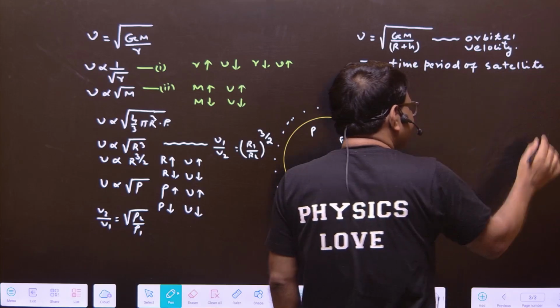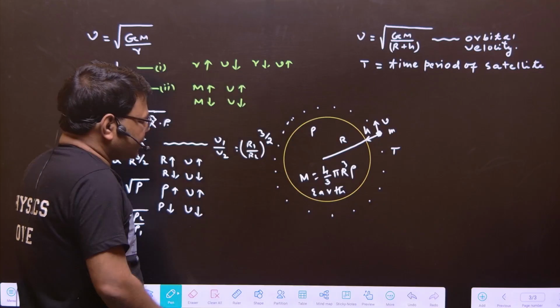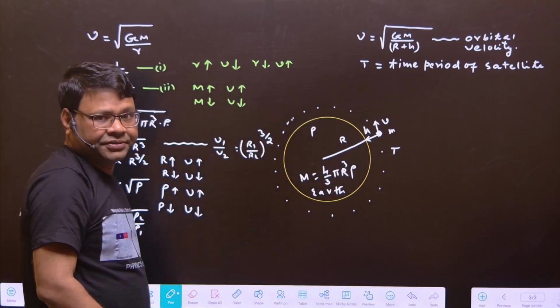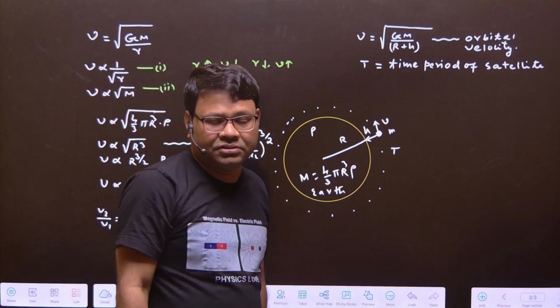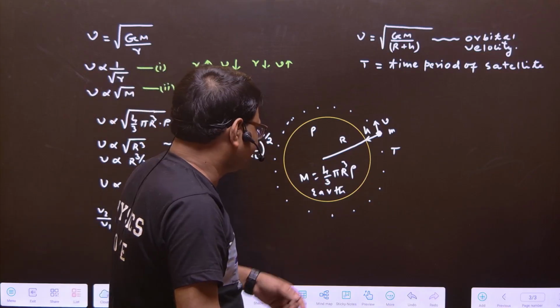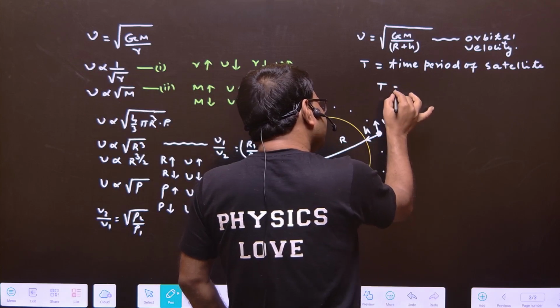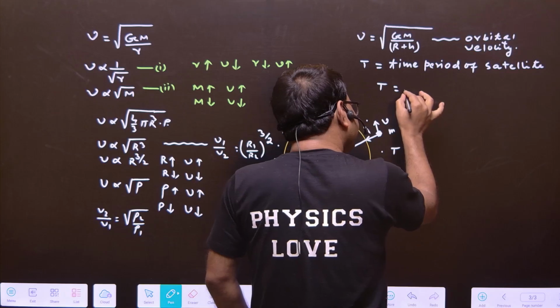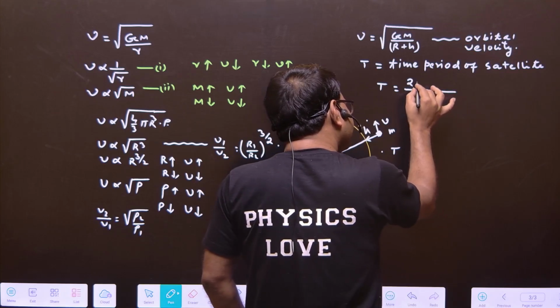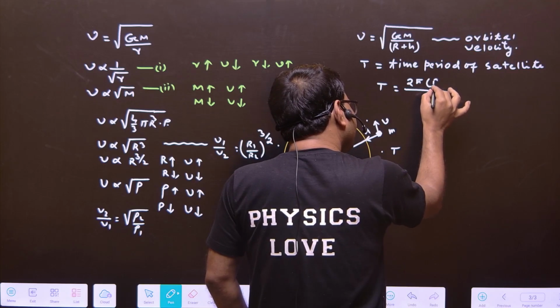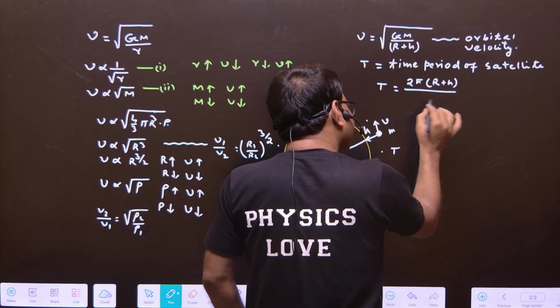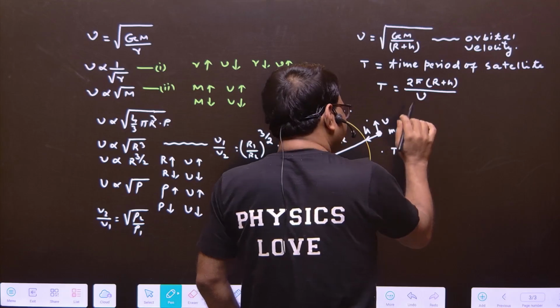What will be the time period? Time means total distance divided by speed. So for the time period, the total distance is the circumference of the orbit, 2 pi (r plus h), divided by the orbital velocity v.